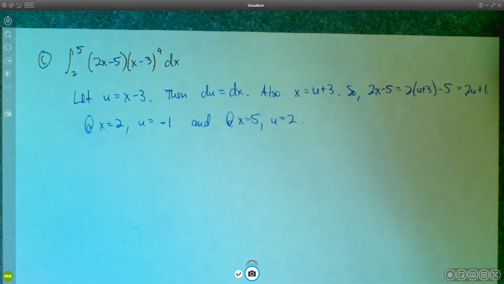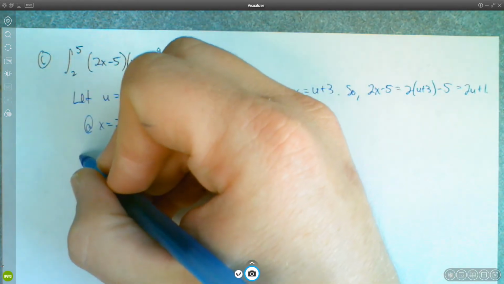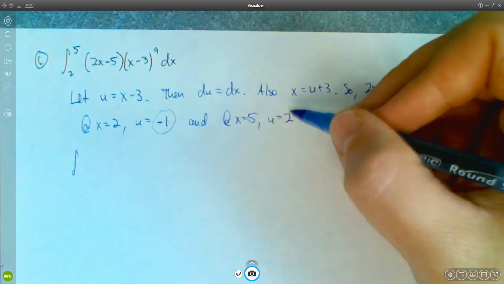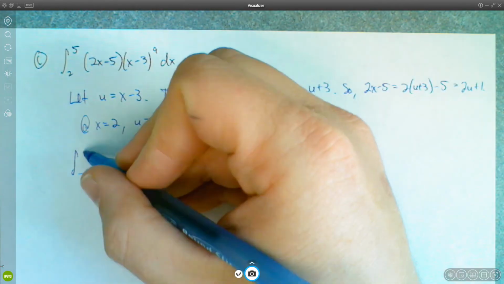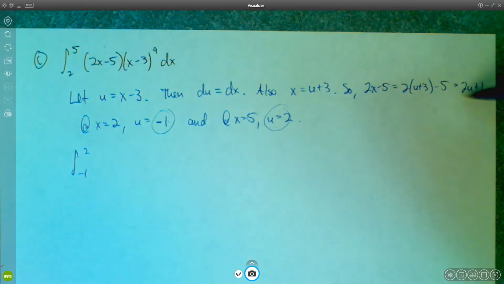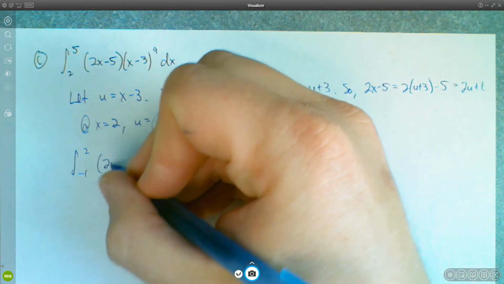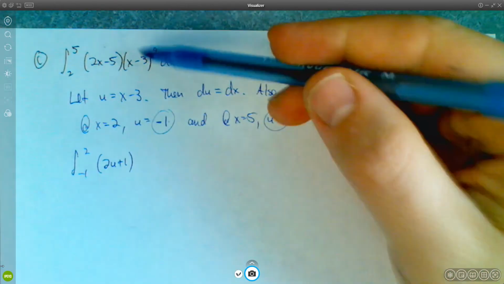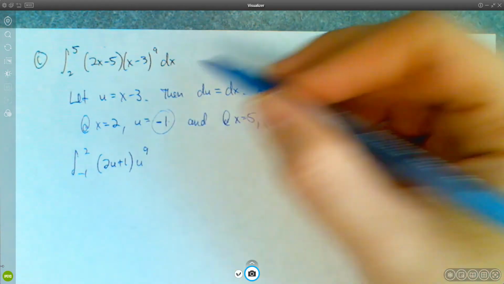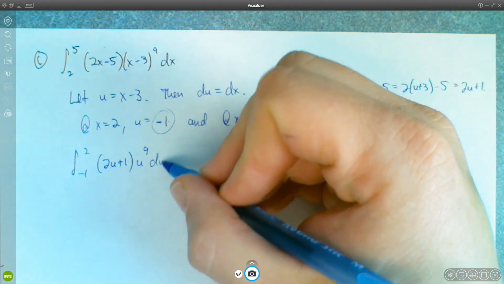So making all of those substitutions now, right? I am now integrating not from 2 to 5, but from negative 1 to 2. I can replace the 2x minus 5 with 2u plus 1, I can replace x minus 3 with u, and the dx I can replace with a du.